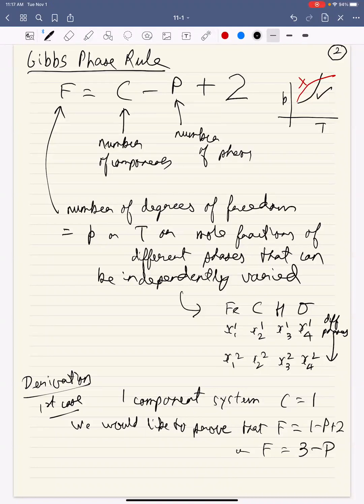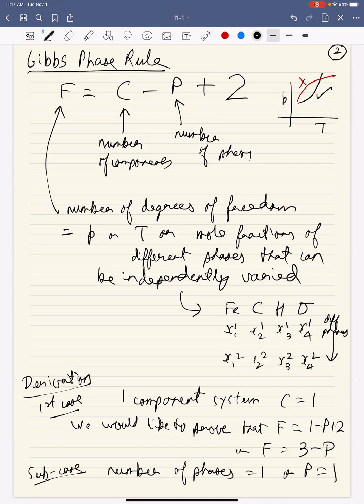How do we prove this? Let's go even more specific. This was a case. Now let's look at a sub case, which is number of phases equal to 1, or P is equal to 1.